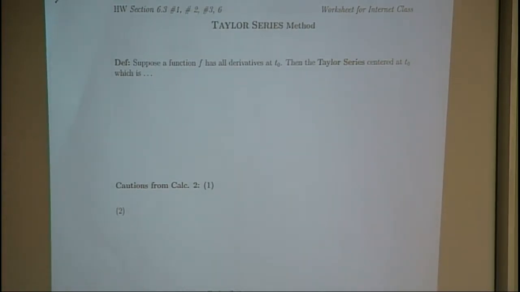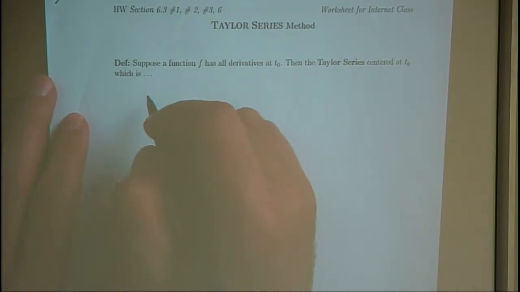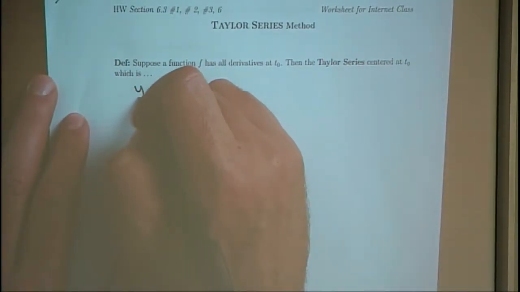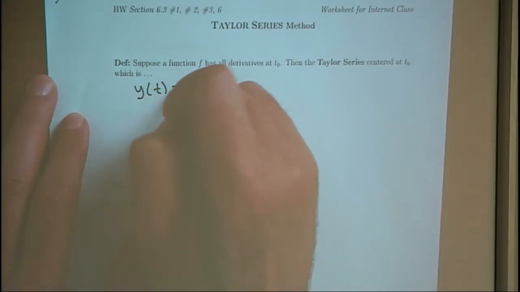Okay, so let's get into what we're supposed to learn today, the Taylor series method. Suppose a function f has all derivatives at t0, then the Taylor series centered at t0 is, this is from Calc 2, you should remember this, but you may not have remembered it in this form.